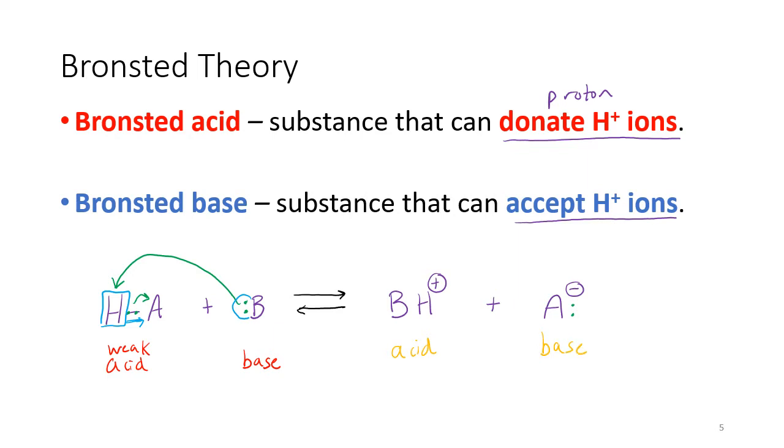Species that differ by one proton are considered pairs. So B and BH+ are a pair. They're called conjugate acid-base pairs, where if B is the base, then BH+ is called its conjugate acid. And our acid HA, its pair would be A-. Those two species differ by one proton. And if HA is the acid, then A- would be its conjugate base.